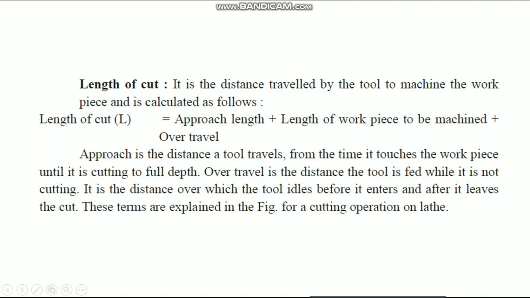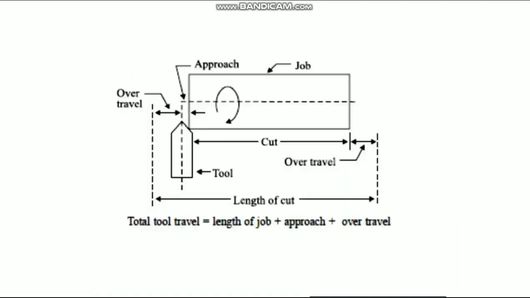The length of cut is the distance traveled by the tool to machine the workpiece and is calculated as follows: approach length plus length of workpiece to be machined plus over travel. I will explain this by using this diagram. So this is our job to be machined. This travel is the length of approach.